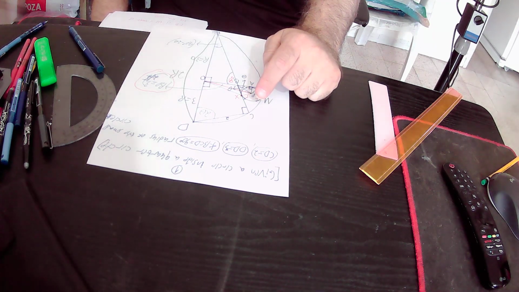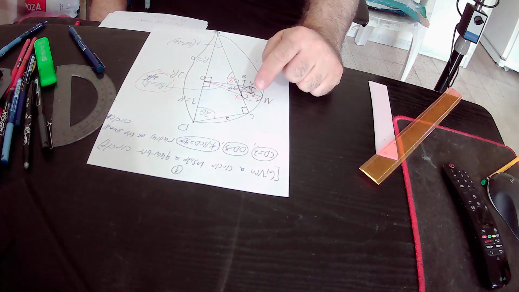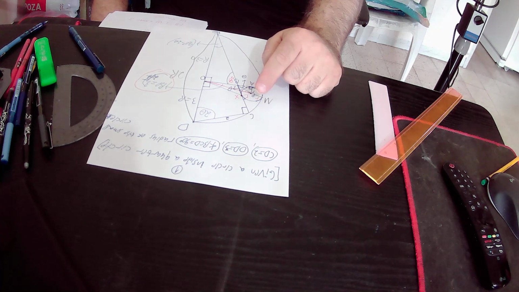And we have the rule that any peripheral angle that equals 90 degrees rests on the diameter of the circle.